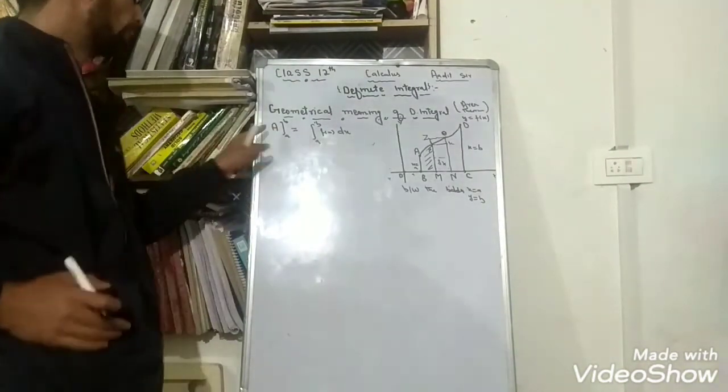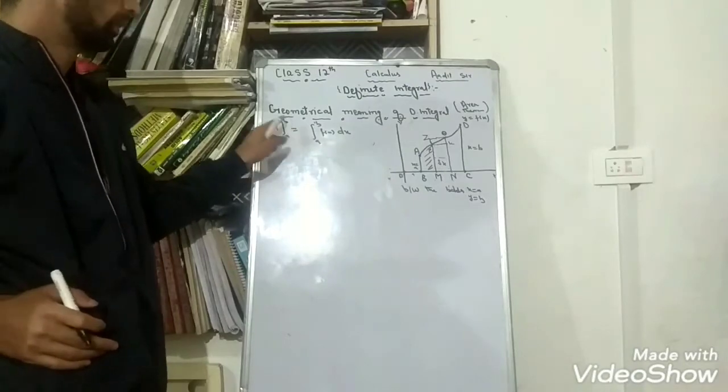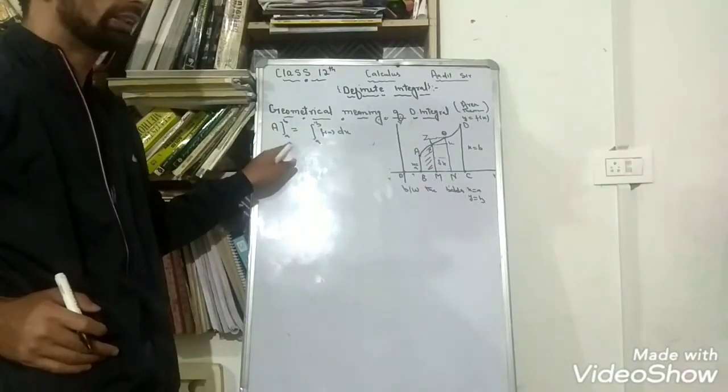This means the value of A at b minus the value of A at this point a.